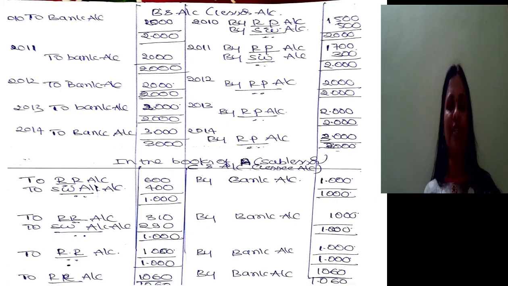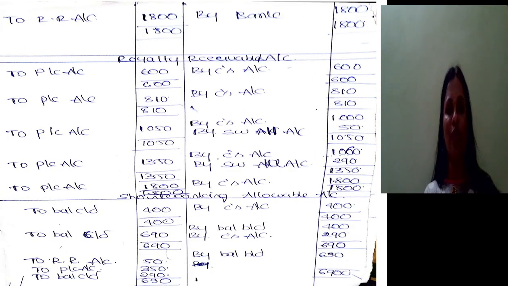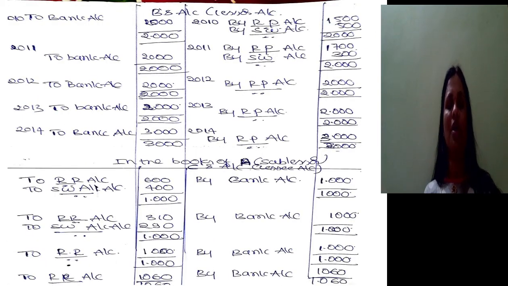Now we are moving towards the fourth year, where there is excess. Excess is used to recoup short working. So the due entry: lessee's account, that is C's account debit, short working allowable account debit to royalty receivable. C's account debit to royalty receivable 1060.